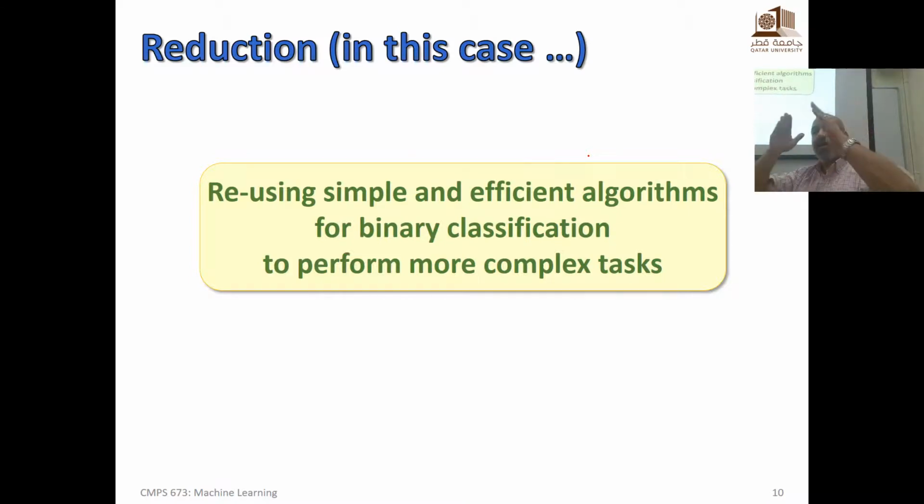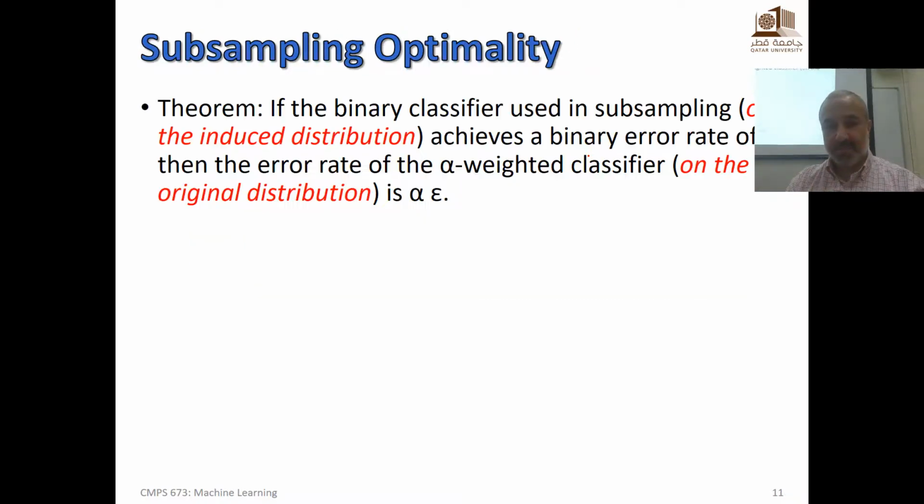We are converting a bigger problem into a smaller problem, or solving the bigger problem by a solution to the smaller problem. So here we are reusing simple and efficient algorithms, the binary classification algorithms, to perform more complex tasks, like dealing with imbalanced data.